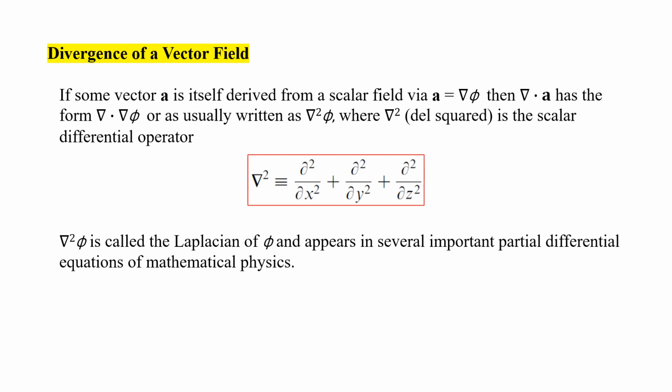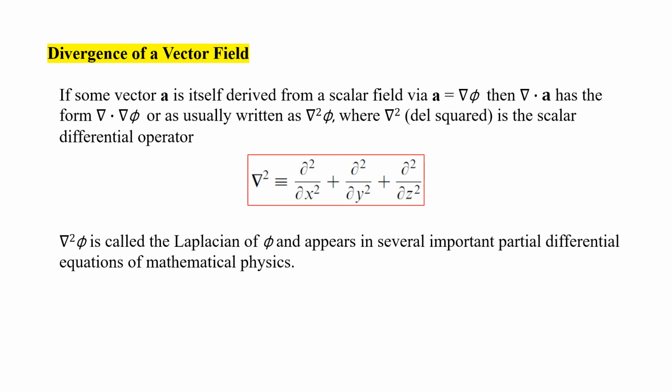If some vector A is itself derived from a scalar field, so that your vector field A is equal to del phi, then del dot A has the form del dot del phi, usually written as del squared phi, where del squared is the scalar differential operator, equal to the second partial derivative with respect to x, y, and z.